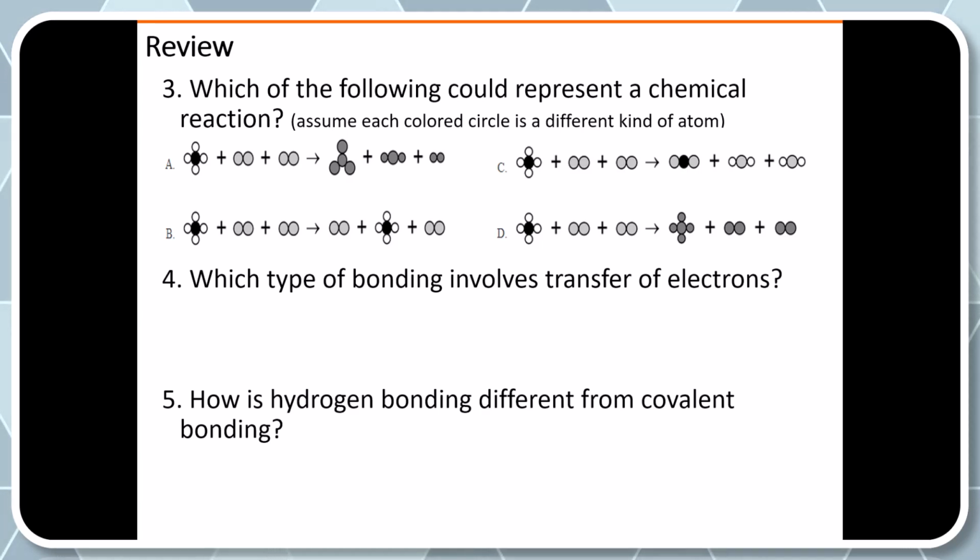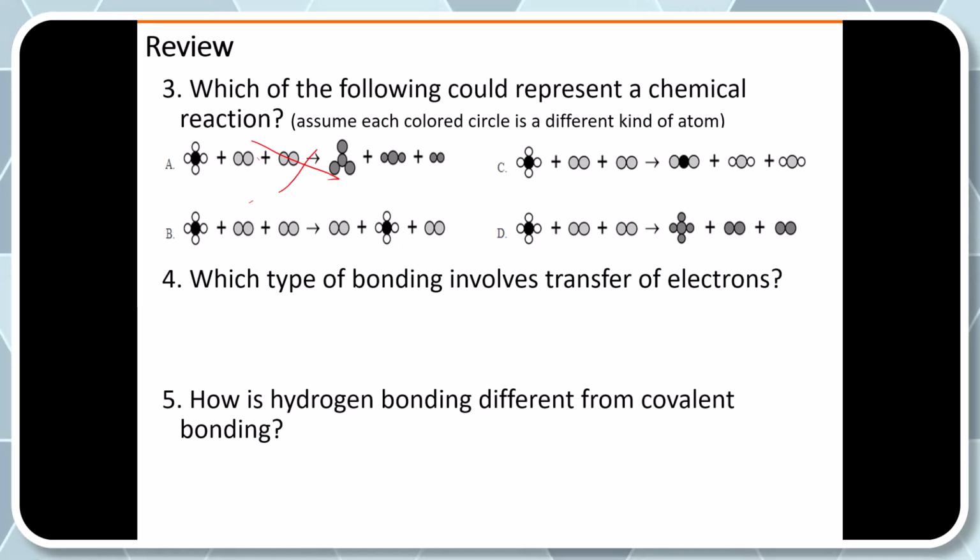So if we look at A, do we have the same thing going into the reaction as going out of the reaction? No, we do not. So it can't be A, because we don't have 4 white circles going in and 4 white circles going out. So not A. What about B?